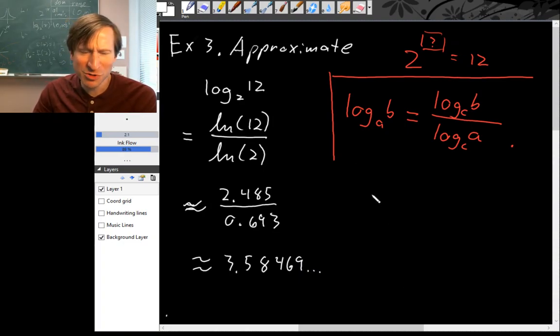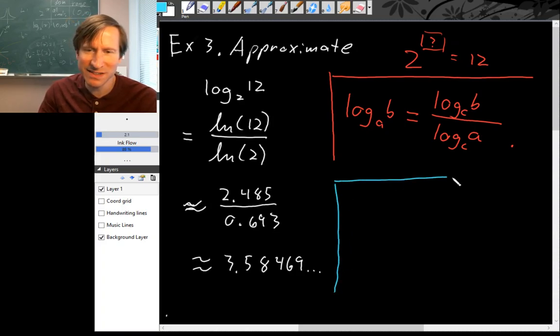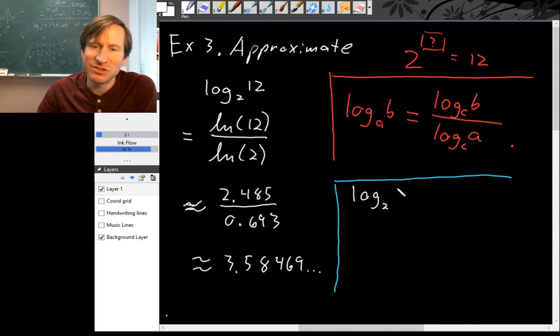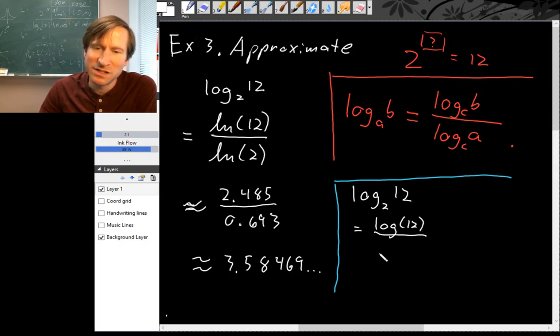Just to show that, yes, we really can use any base we want, let's do this again, but instead of using natural log, let's use log base 10. So log base 2 of 12 should be, according to the change of base formula, common log of 12 divided by common log of 2.